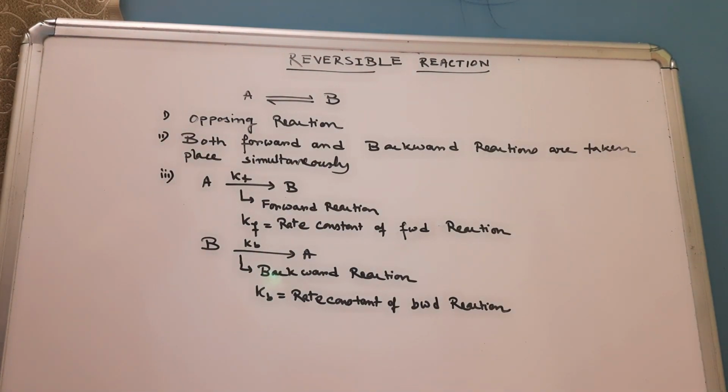When the time is 0, at the initial time the rate of the forward reaction is very large and it diminishes as the concentration of the reactant decreases with time. On the other hand, initially the rate of the backward reaction is slow.